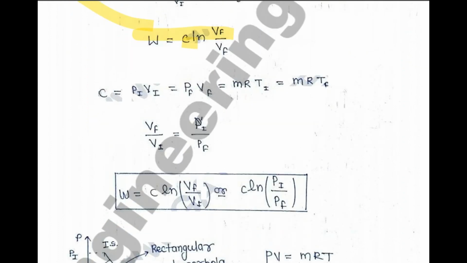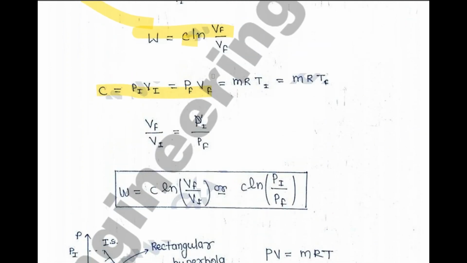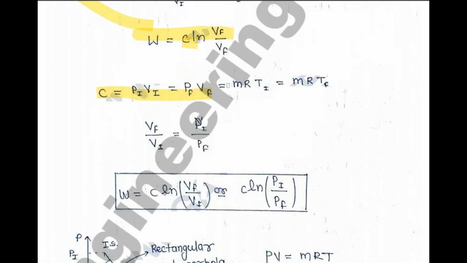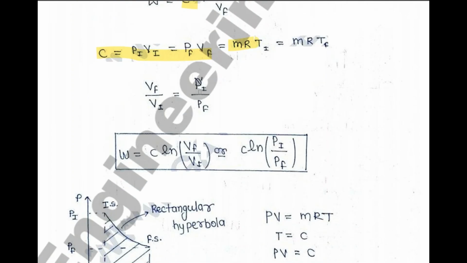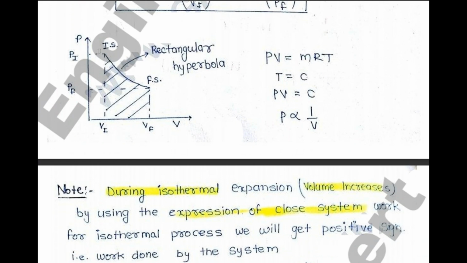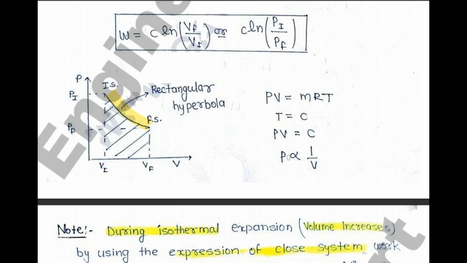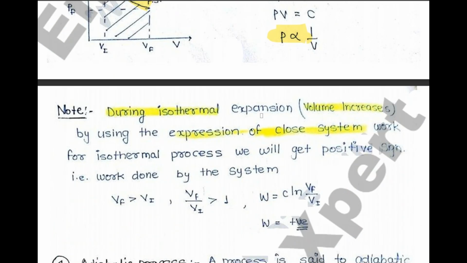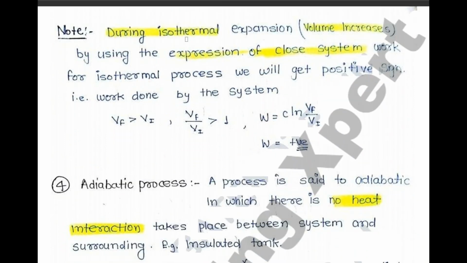So here you can see that either from PV or from mRT, both ways you can find it. For isothermal condition, this PV curve is basically a rectangular hyperbola, because a hyperbola is just like this, PV equals constant, P equals 1 by V. This is a point to be noted: during isothermal expansion, volume increases.